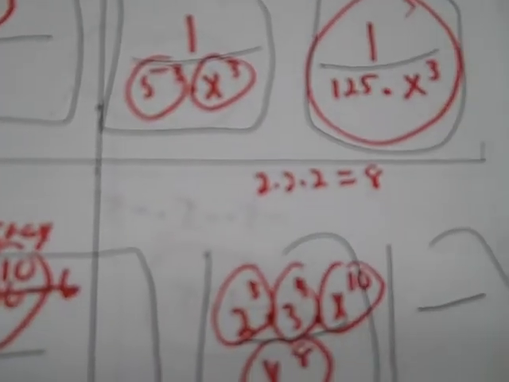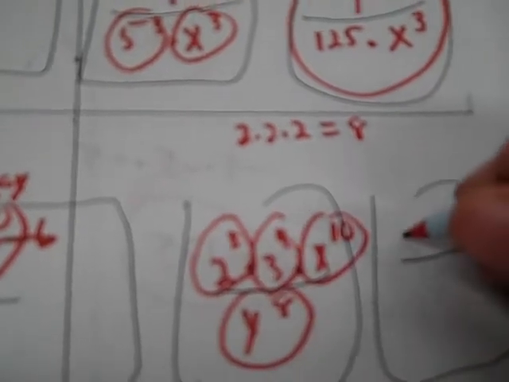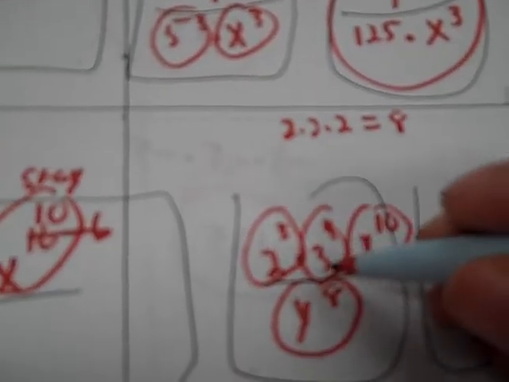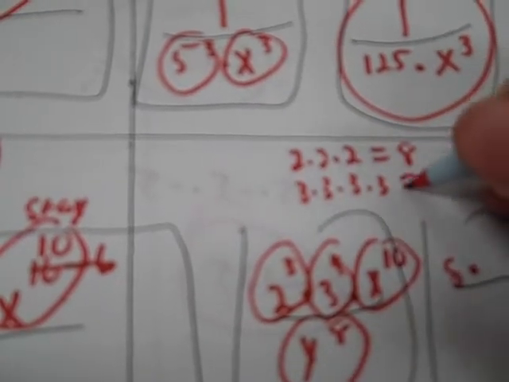Okay, now I clone what I can to further simplify the expression. So 2 can be cloned. 2 times 2 times 2 is 8. So this changes into 8. 3 to the 4th, it's 81. Here, I'll show you. 81.